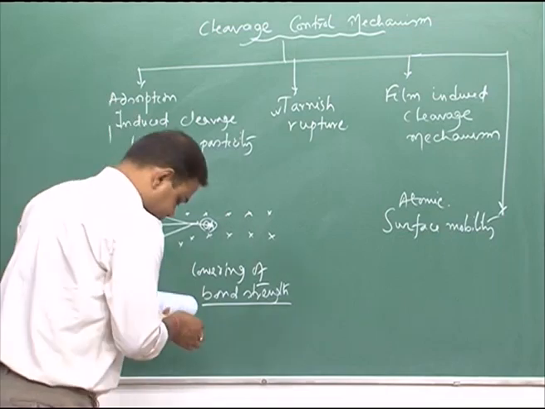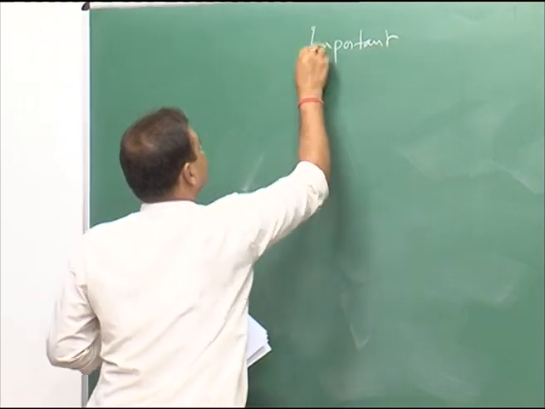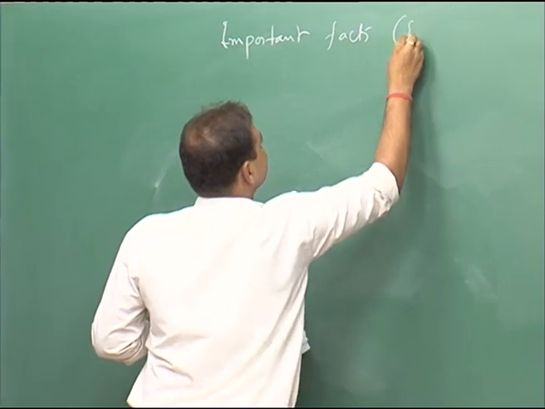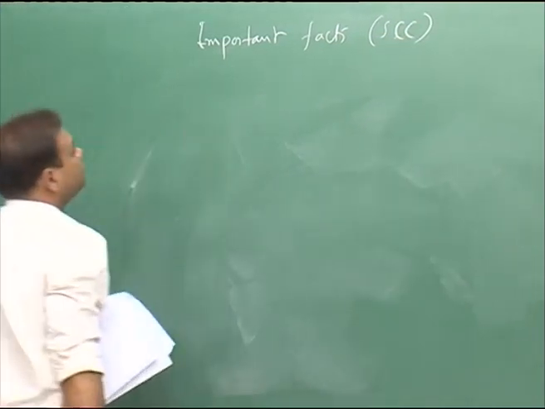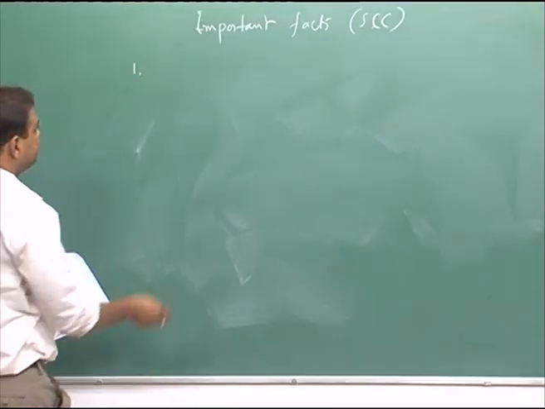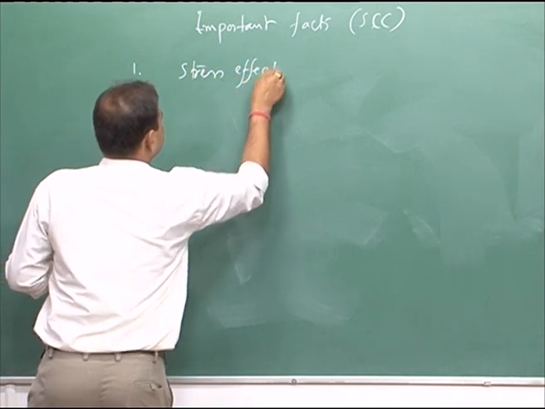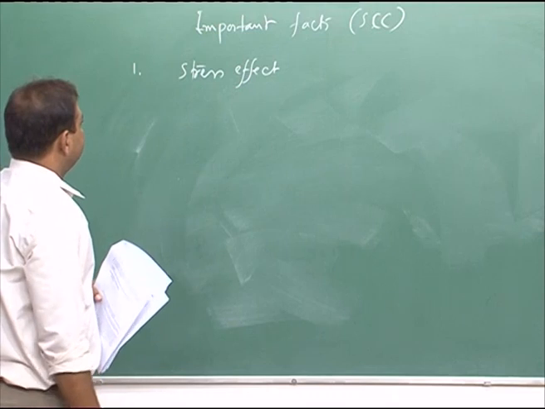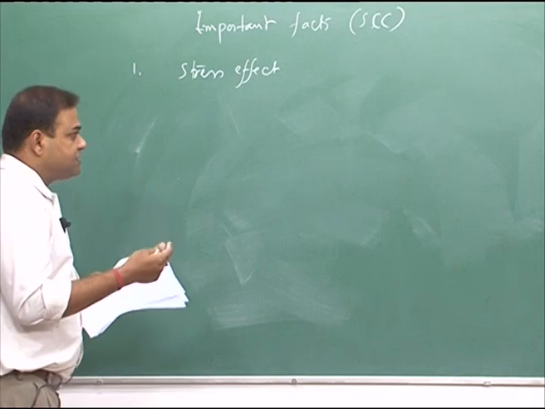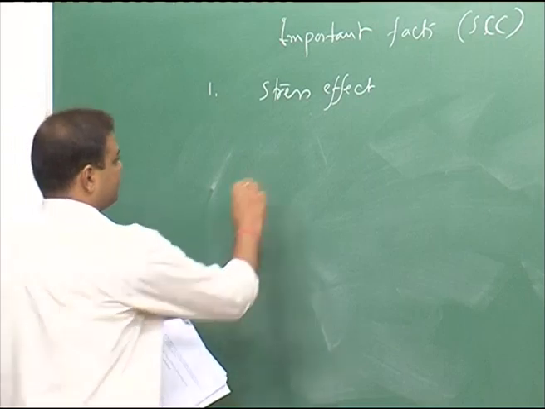One is that there would be a stress effect. Depending on the stress below which there should not be any SCC for the particular system, that would be decided by the solution.